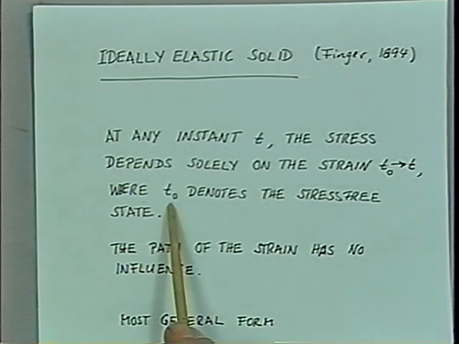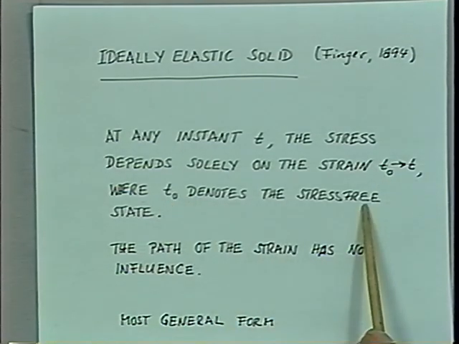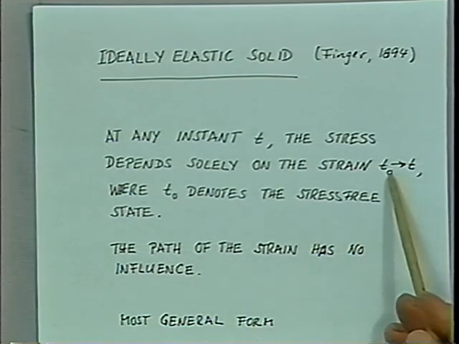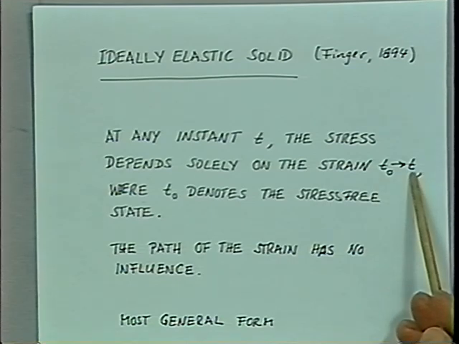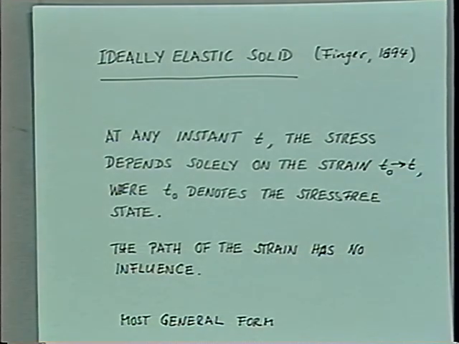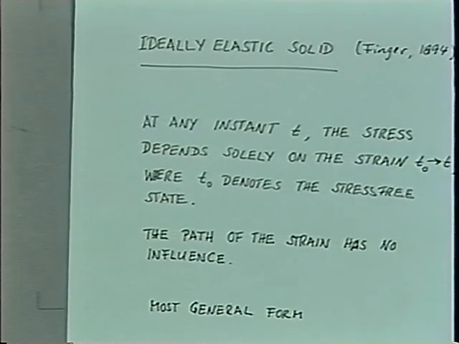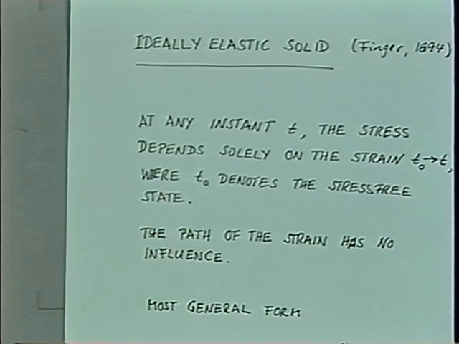Now the T0 denotes the stress-free state, and important to note, the path which you use to go from the stress-free state to T is without any influence on the stress. You can do it fast or slowly or with any deviations. It has no influence. And that's where the ideal behavior comes in. We are neglecting all losses in our system. I will come back to this in a moment.